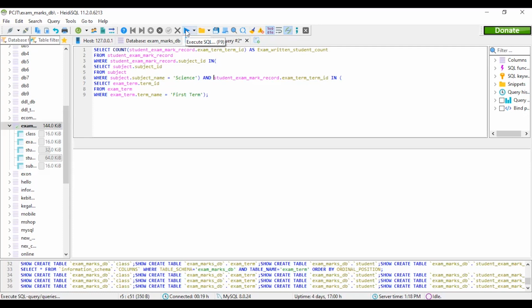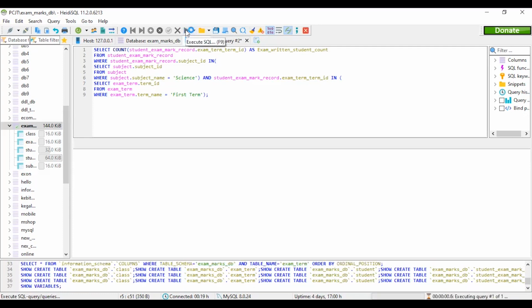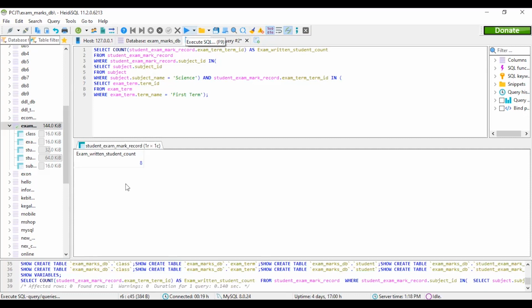Execute the query. So you will get the count as 8.